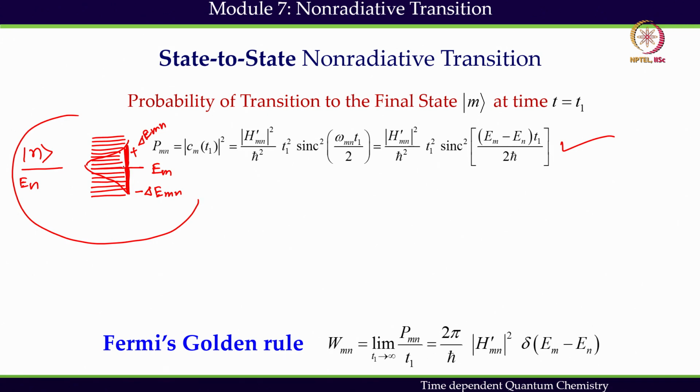But if I have a situation where I really do not have this many states even within the bandwidth, let us say I have only one state available within the allowed bandwidth, then what will happen?